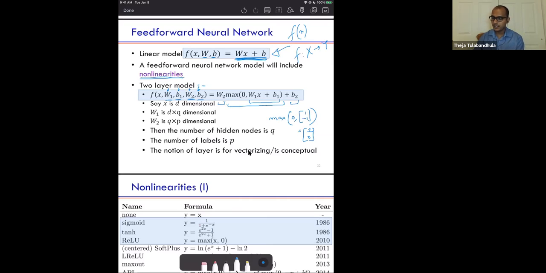Okay. Now, let's do some rudimentary calculations. Let's say x is d-dimensional. Then since x is d-dimensional, the matrix that multiplies with it has to have one of its dimensions d.